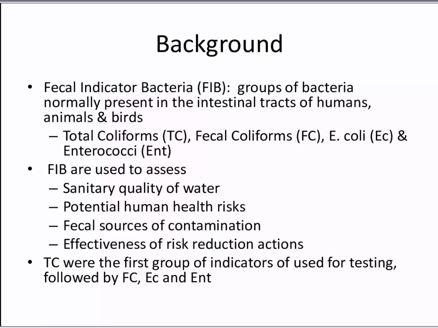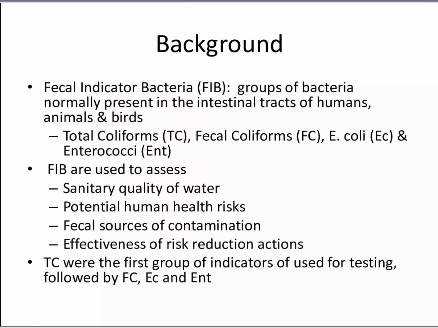Years later, the EPA recommended using fecal coliforms. And then after labs used these two indicators for some years, it was found that they were not so great indicators of pathogens. Now, pathogens are the actual organisms that cause disease.